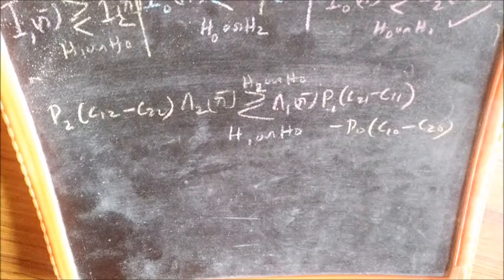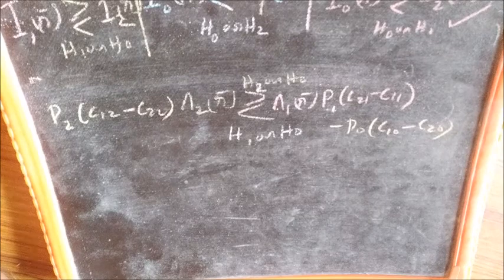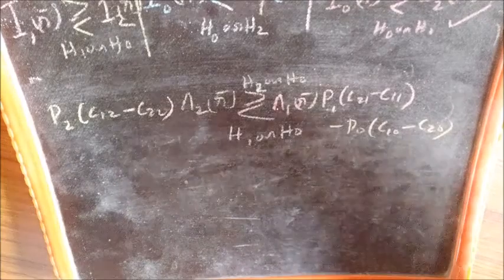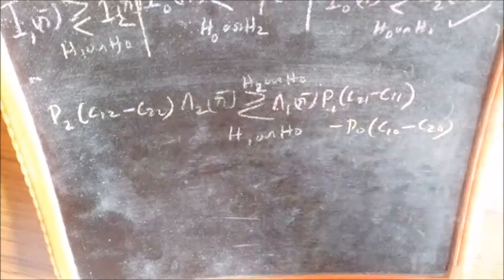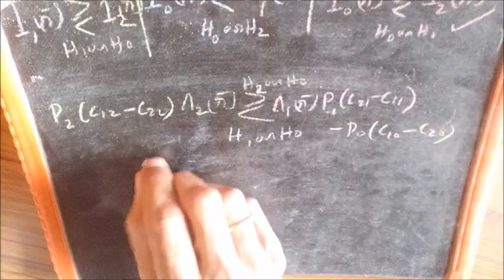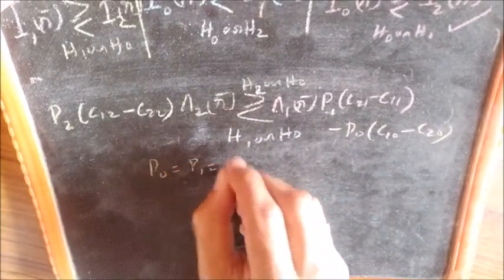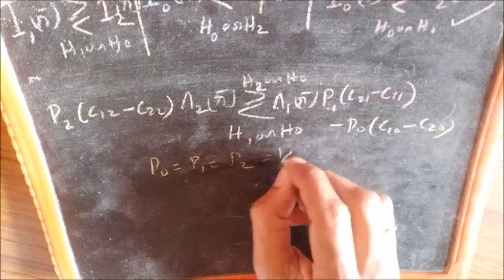Now it is a bit easier from this point onwards to demonstrate this by taking a case where P0 is equal to P1 is equal to P2 is equal to 1 by 3.